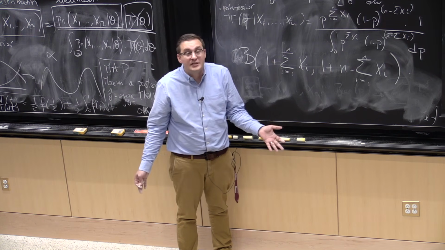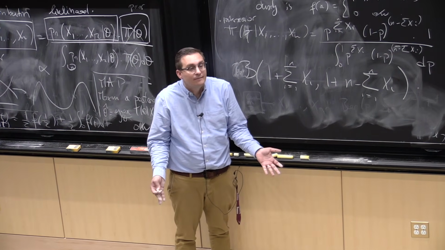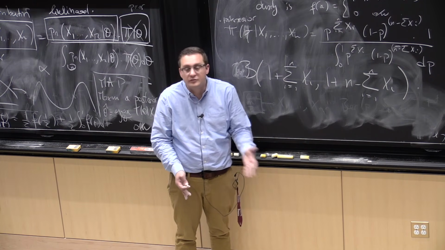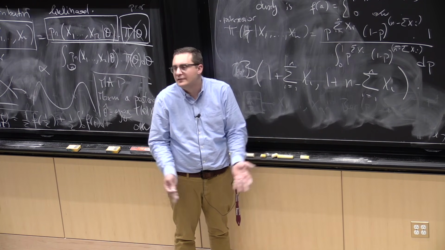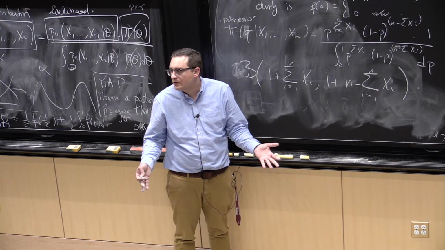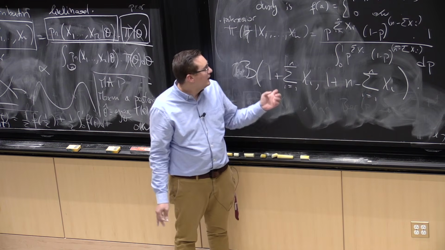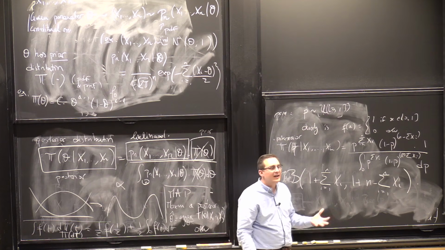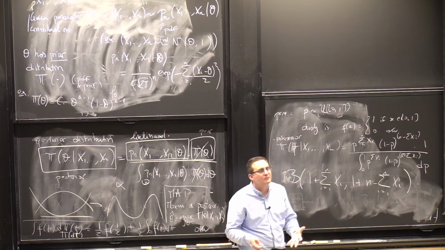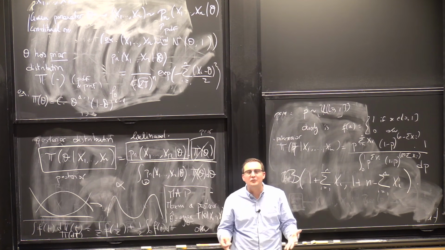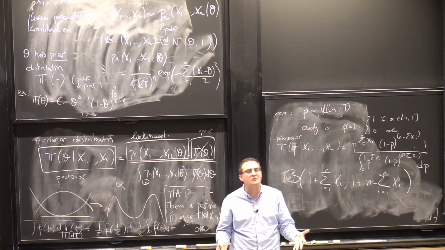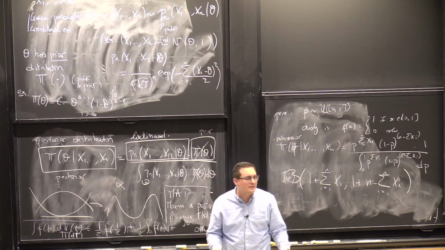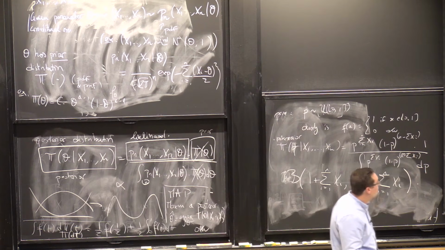Say n is equal to 3 and I get only 0, 0, 0. That could happen with probability 1 minus p cubed, and that's not something I want. So my prior is not informative, but somehow it captures the fact that I don't want to believe p is equal to 0 or 1. And that's taken care of here.